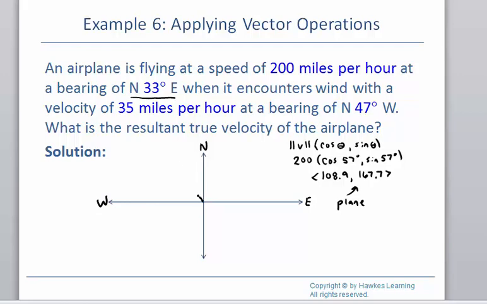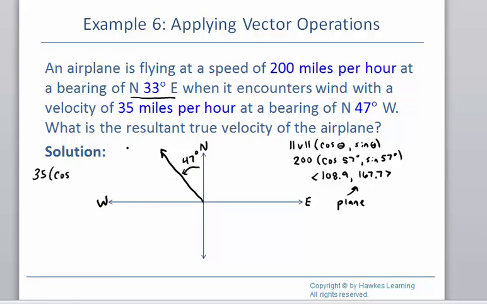So the wind is somewhere over here with an angle of 47 degrees. Okay. Now, when we set this up in our vector representation, in other words, when we do the sort of thing that we did for the plane, we're going to do it for the wind. Our magnitude on the wind is going to be 35 miles an hour.